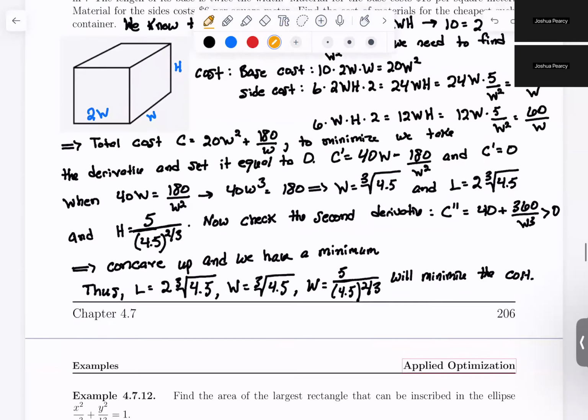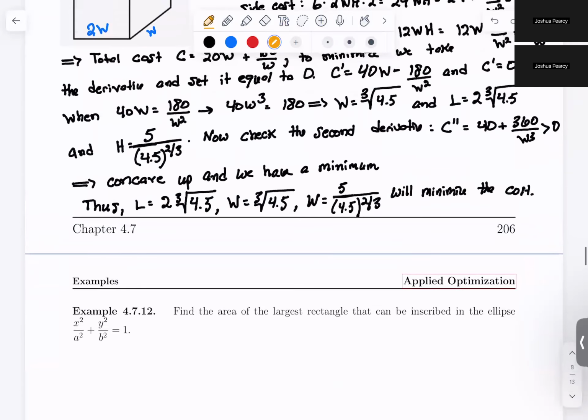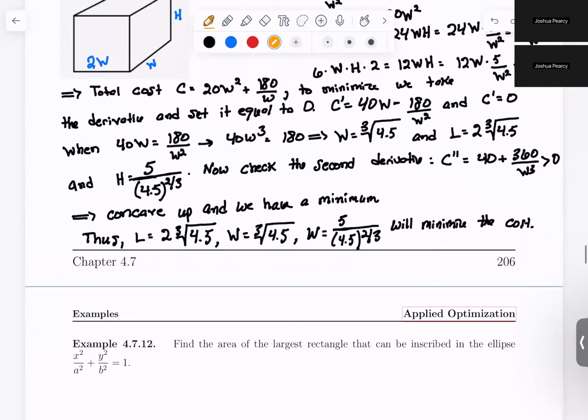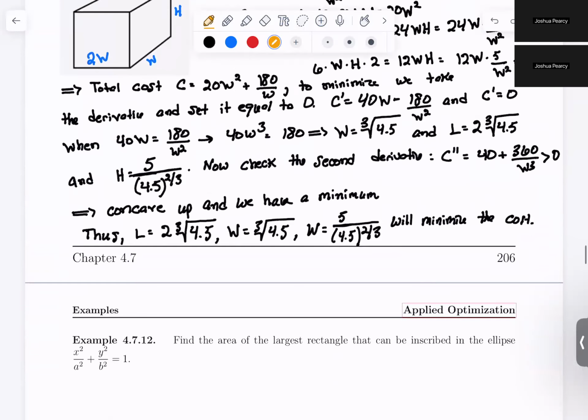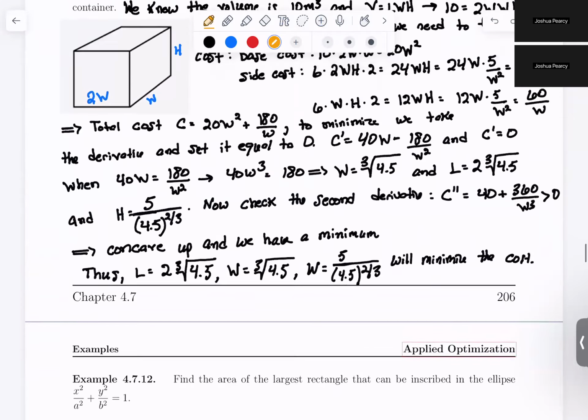So now we know what W is, we know what L is, we know what H is. Now we just check the second derivative again. And if we do that, it's 40 plus 360 over W cubed. In particular, this part must be positive, and something positive plus 40 is already positive. So this implies the second derivative is positive, and the function is concave up, so it has a minimum.